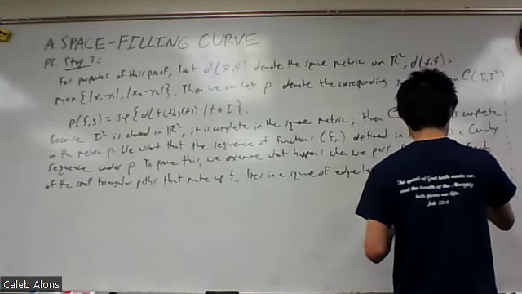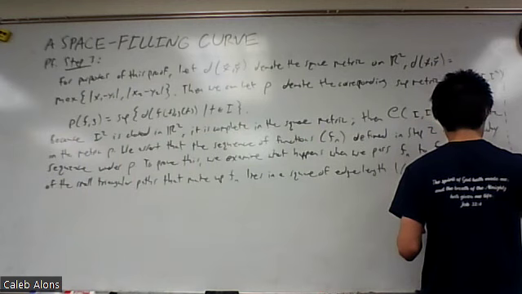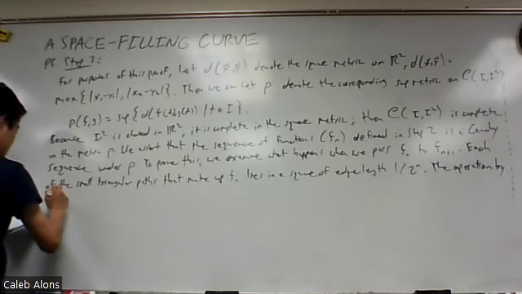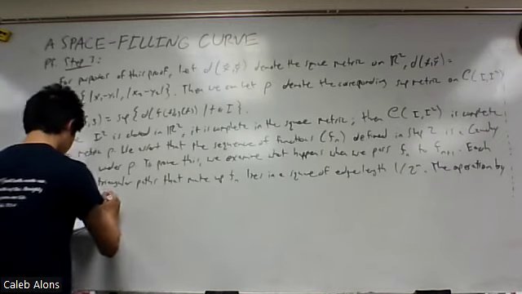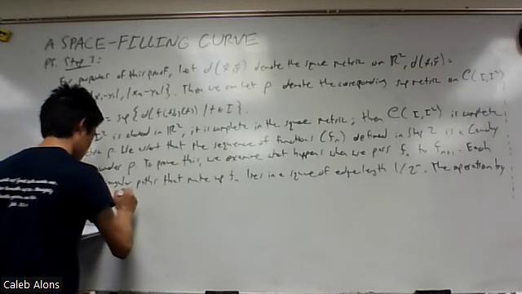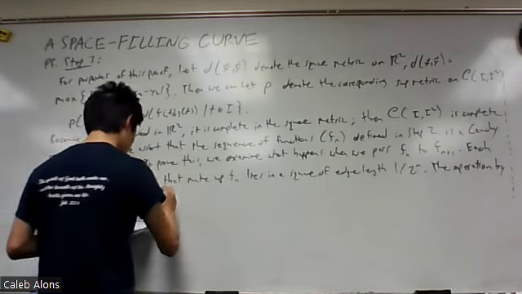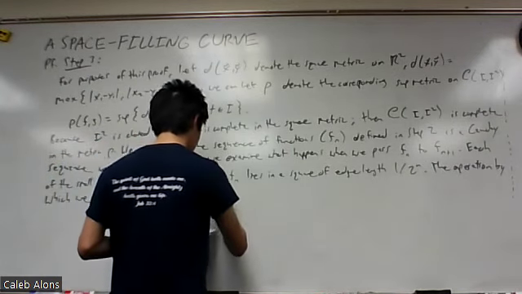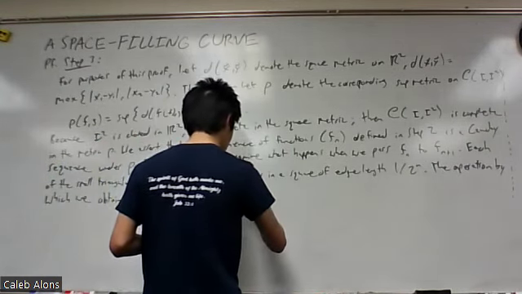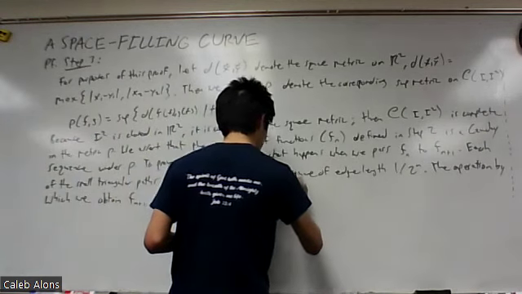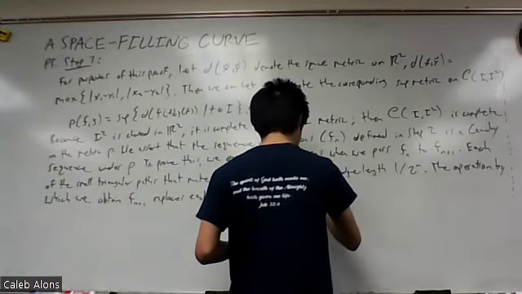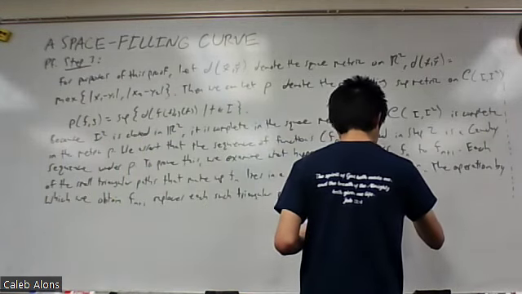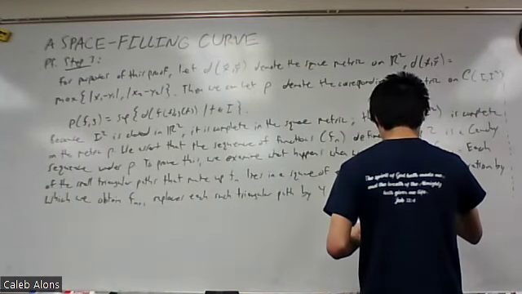And the operation by which we obtain fn plus 1 replaces each such triangular path by 4 triangular paths that lie in the same exact square though.